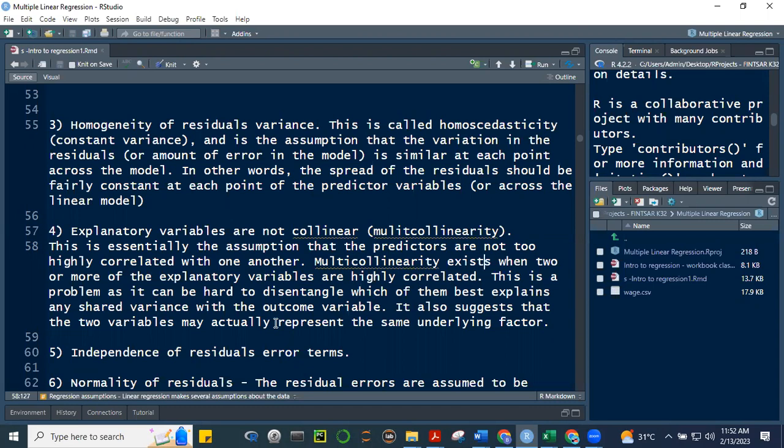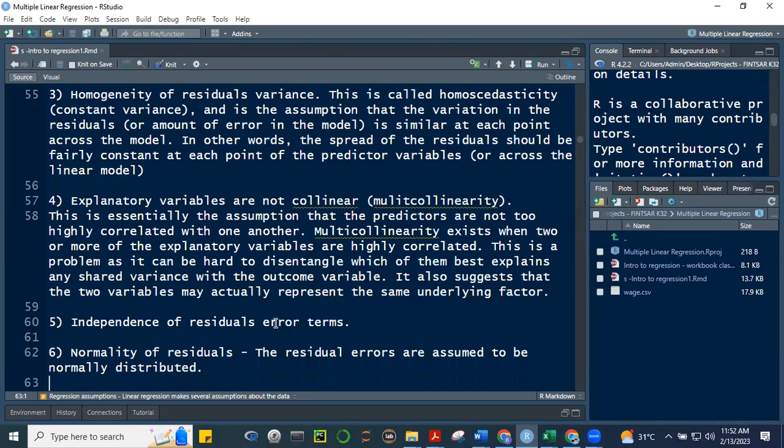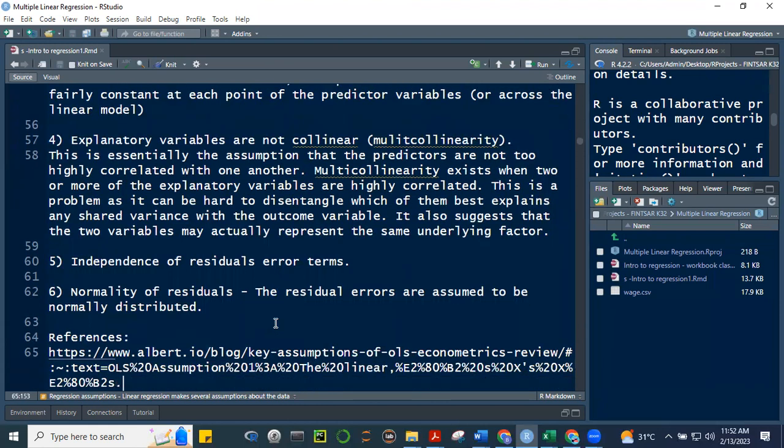So x1 and x2 are trying to explain y. So which part of the variance of y is being explained by x1 or x2? So that can be a problem. So we don't want to be using variables that are highly correlated in trying to explain your dependent variable.